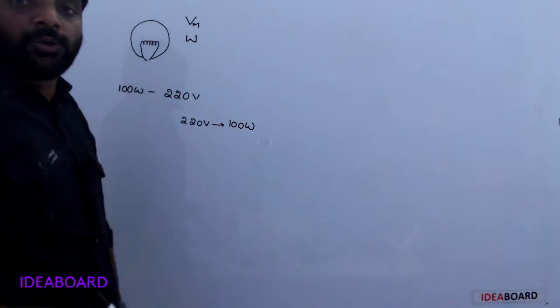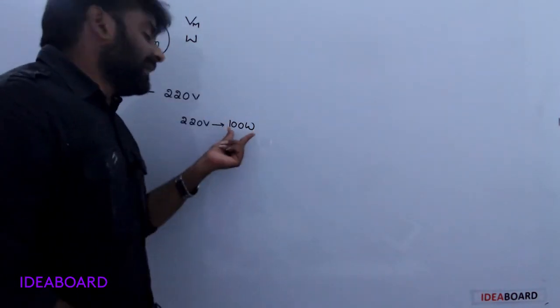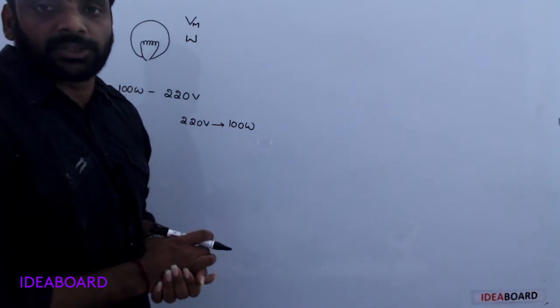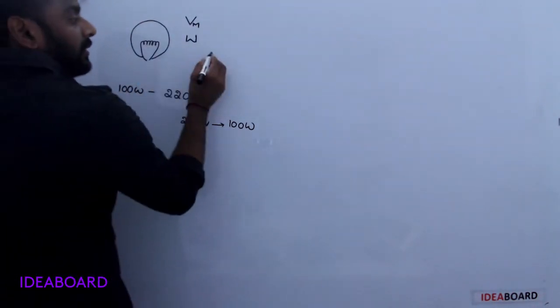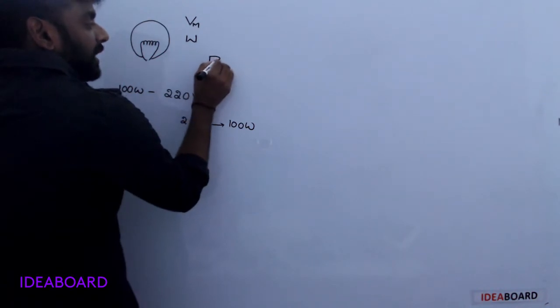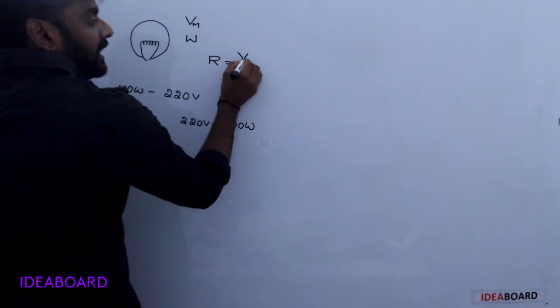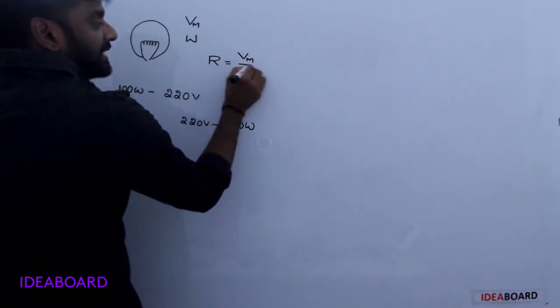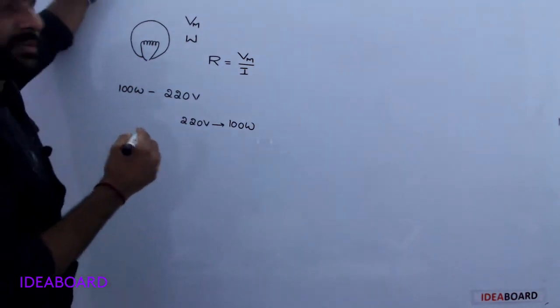Okay, at 220 volts power in this bulb is 100 watts. Understood? That is mentioned. Okay, resistance of this bulb is equal to V suffix M by I. I means current.